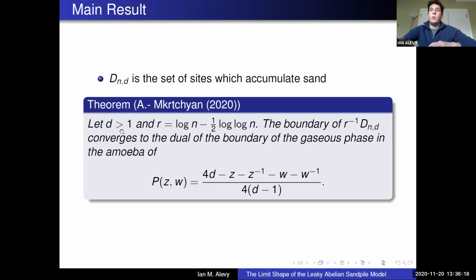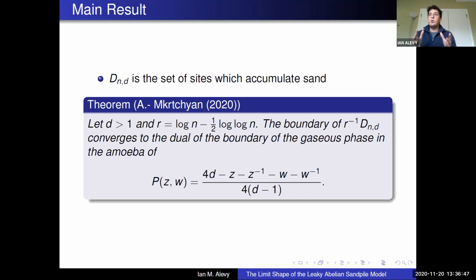So for D bigger than 1 and R equal to log N minus 1/2 log N, the boundary of 1 over R, D and D converges to the dual of the boundary of the gaseous phase in the amoeba of the polynomial P of ZW equals 4D minus Z minus 1 over Z minus W minus 1 over W over 4 times D minus 1.